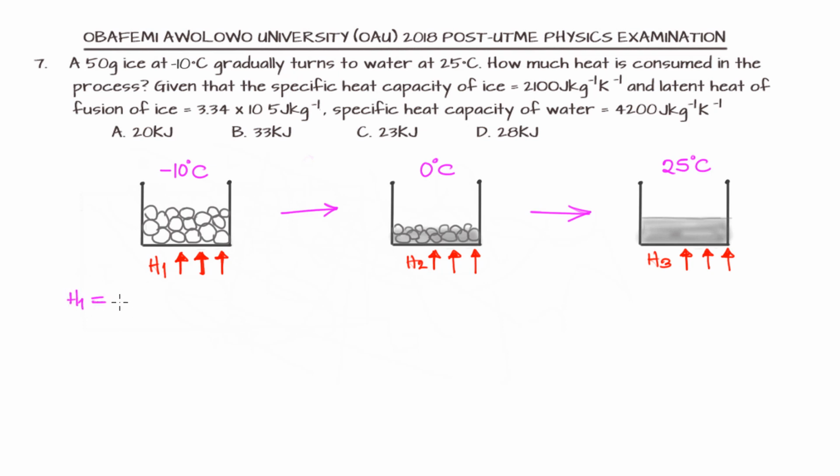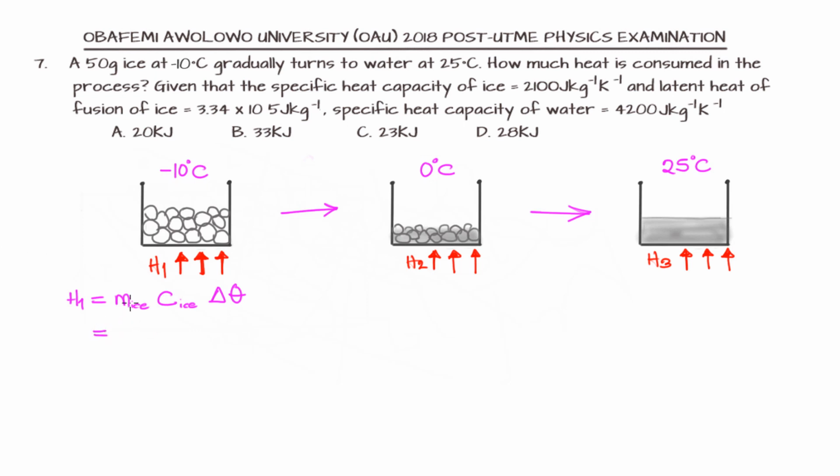So we have H1, H2, and H3. H1 is the mass of the ice multiplied by the specific heat capacity of the ice multiplied by the change in temperature for the ice.